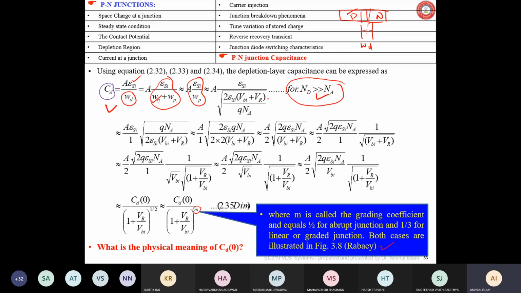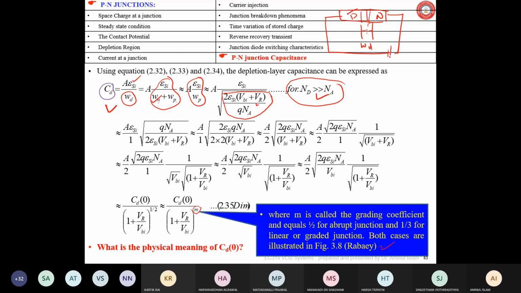And this WP we have derived earlier in third semester is going to be 2 epsilon si within parenthesis Vbi plus Vr by QNA, where Vbi is the built-in potential and Vr is the reverse bias applied across this PN junction.